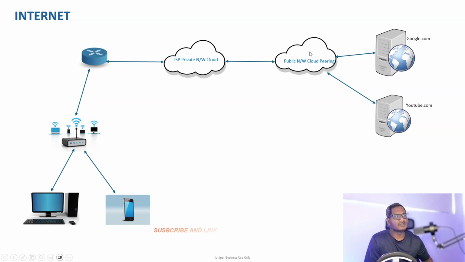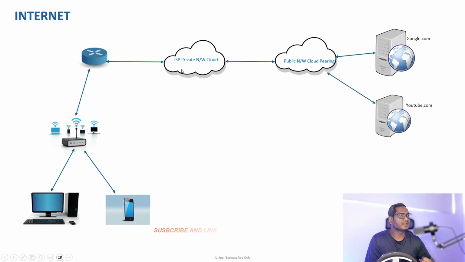They peer with this public cloud peering, where they get the internet IPs where Google, YouTube, Facebook, or even Netflix are all connected. Then they export this IP address on the traffic towards you. When you try to access, maybe you would be able to reach from here to here, but if there is some issue in the public cloud peering also, you won't be able to reach that destination.